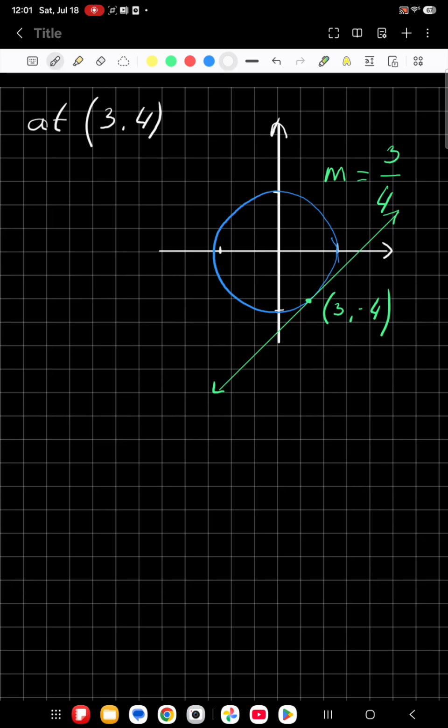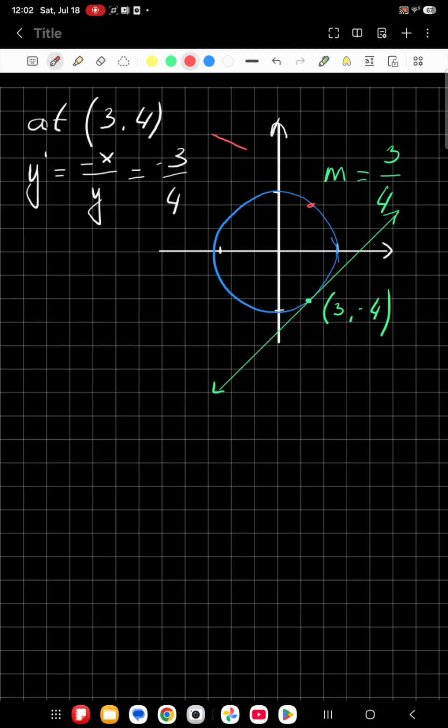The formula was y prime equals negative x over y. Negative x over y, so we get negative 3/4. So (3, 4) would be here somewhere.